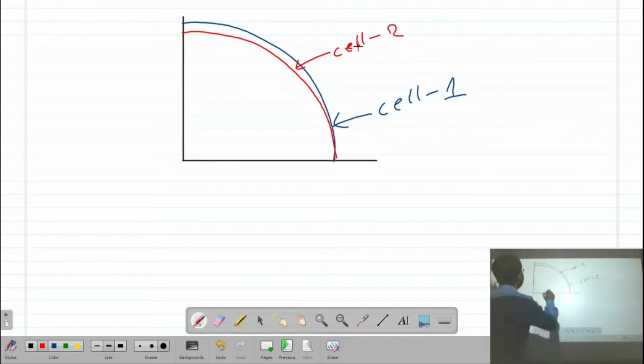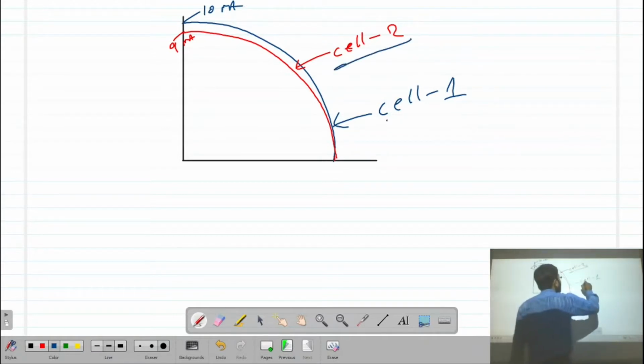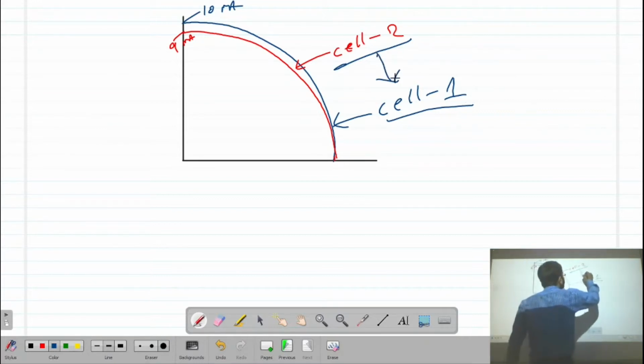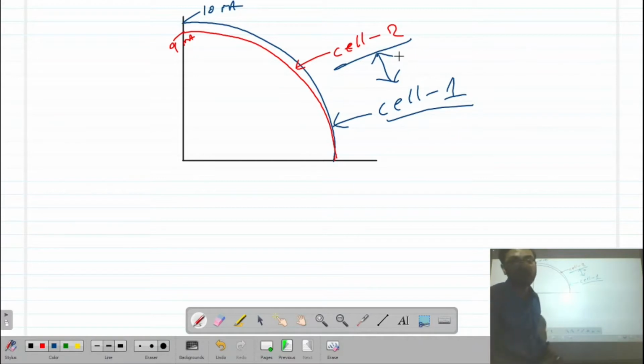We have a small difference: this is 9 milliampere, this is 10 milliampere, a small difference between cell 1 and cell 2. Now, as cell 2 is having lesser current, cell 2 will try to compensate with cell 1. It will try to increase its current to match with cell 1.